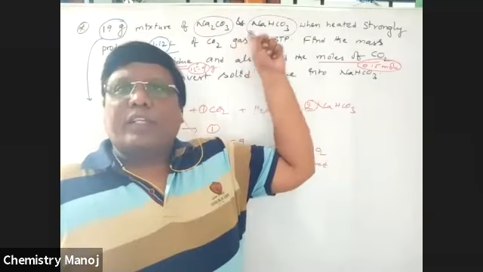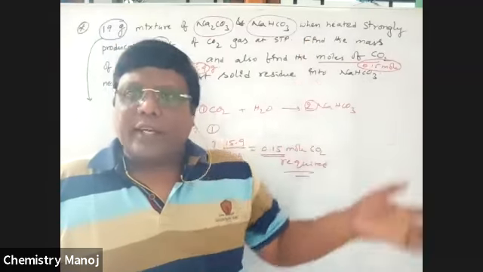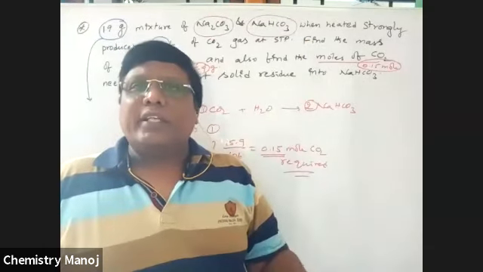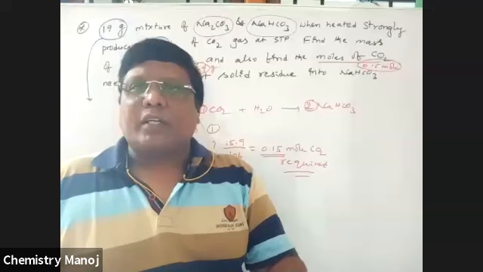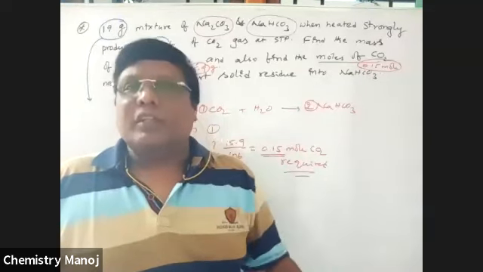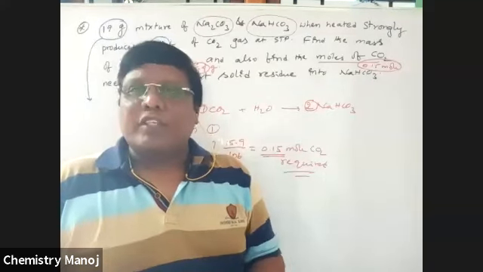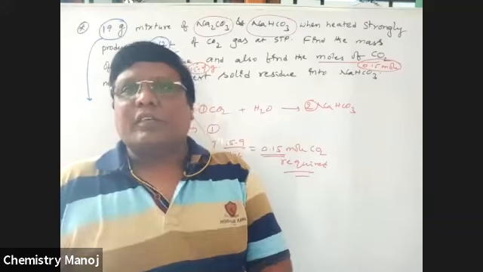When Na2CO3 and NaHCO3 are taken and heated, only NaHCO3 is going to decompose, but not Na2CO3, because Na2CO3 is self-stable. The entire CO2 coming out from that mixture is only from NaHCO3.